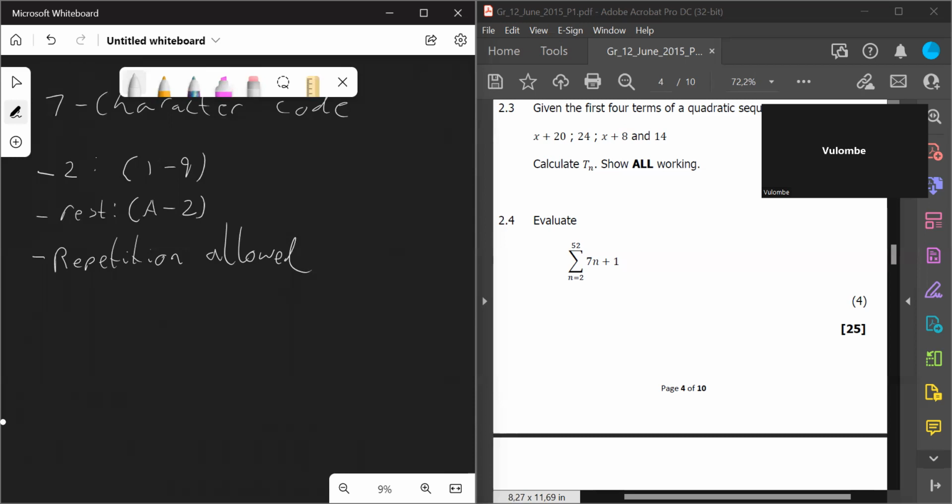All right, so essentially we have a code with 1, 2, 3, 4, 5, 6, 7 characters. These first two have to be numbers and the rest have to be letters. And repetition is allowed. How many choices do we have for the first digit, from 1 to 9?